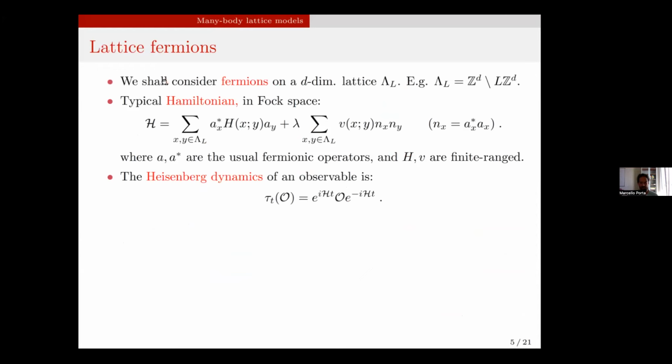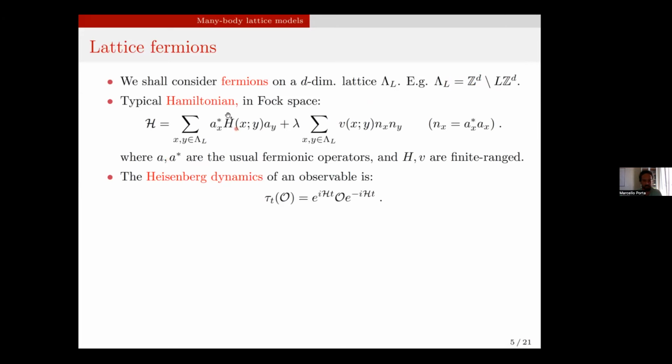So I will consider fermions on a d-dimensional lattice Lambda_L. L will always denote the side of this lattice. An example would be a lattice with periodic boundary conditions, but later I will actually consider also different shapes. And the typical Hamiltonian I will consider is a very standard one.